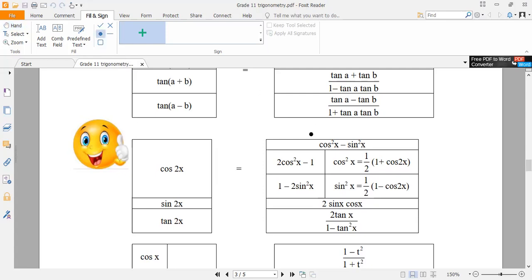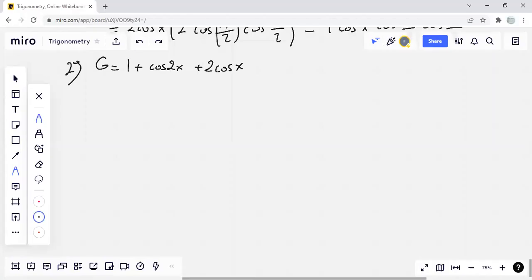Why? Because we want to transform cosine 2x, and we'd love to form inside it something related to cosine x, so that we can take a common factor. So we will use this rule.